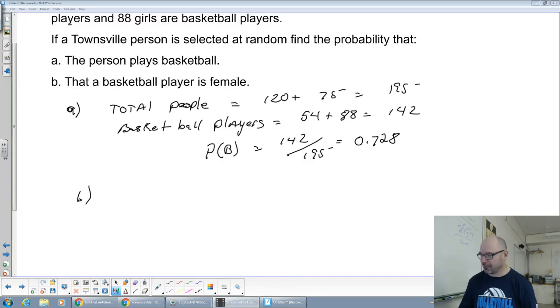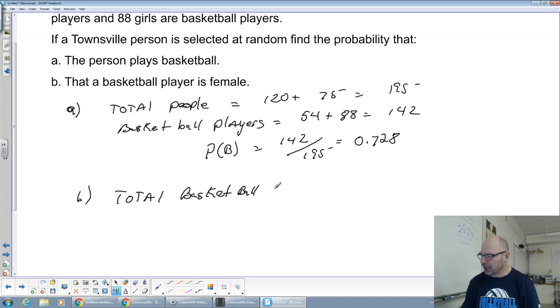Okay, let's try again. So the question is that a basketball player is female, hopefully that's what it was. The total is only basketball players, given that.